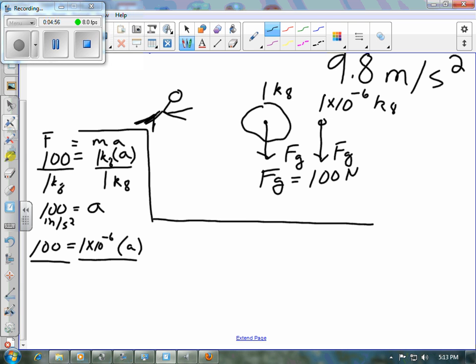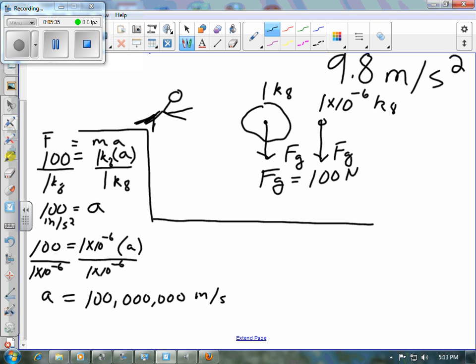So now the acceleration is 100 divided by 1 times 10 to the negative 6. And I get, it looks like I get 100 million as my answer. So 100 million, and that would be meters per second squared.